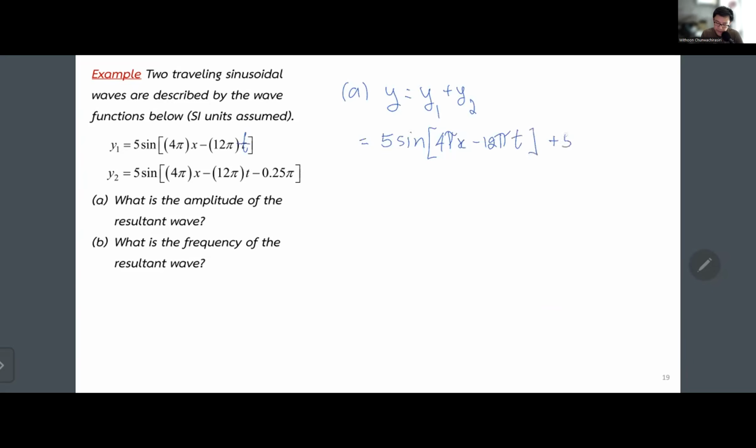Plus 5 sine of 4 pi x minus 12 pi t, it looks exactly the same. The only thing is minus pi over 4. Let me change the 0.25 pi into pi over 4. All right, my writing is a little bad today, guys. Sorry, I'm writing on a very, very small screen at this point. Okay, cool. So this is what you have over here.